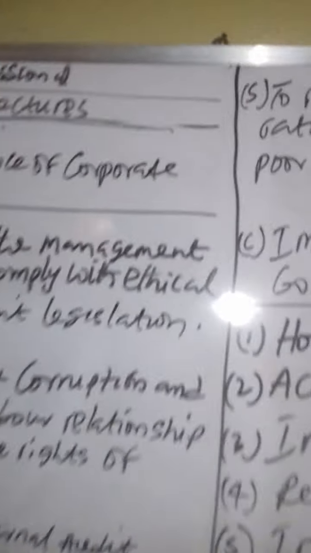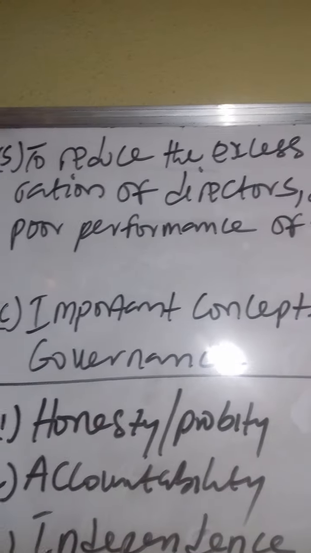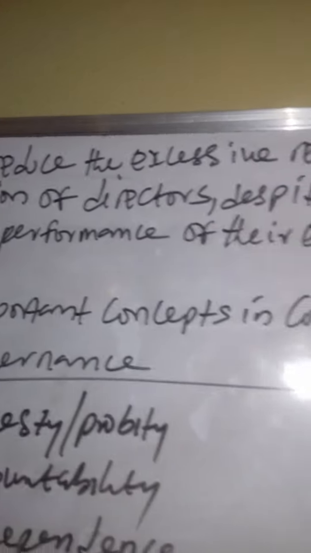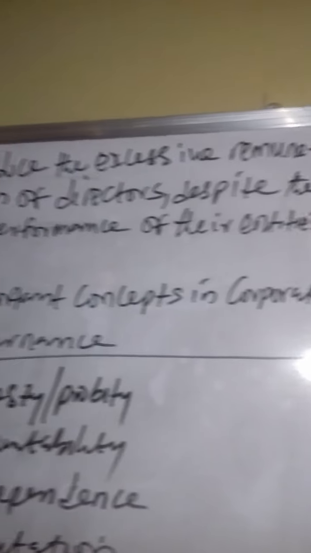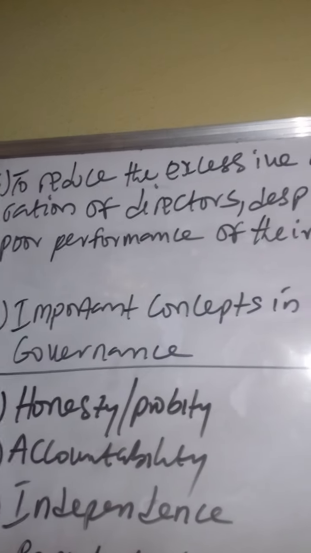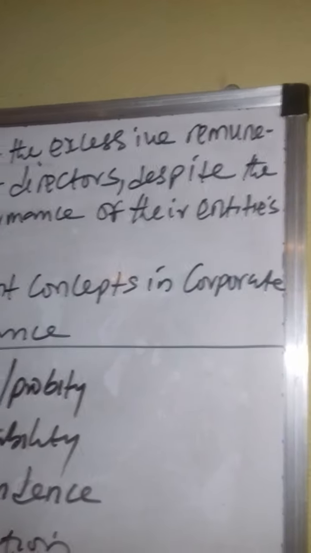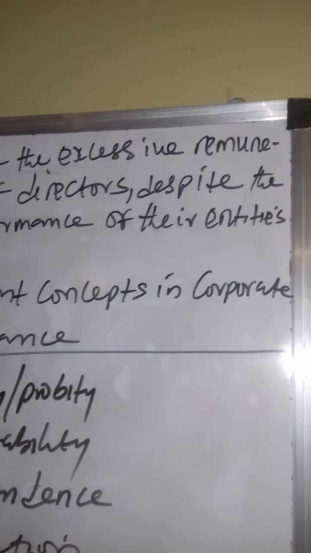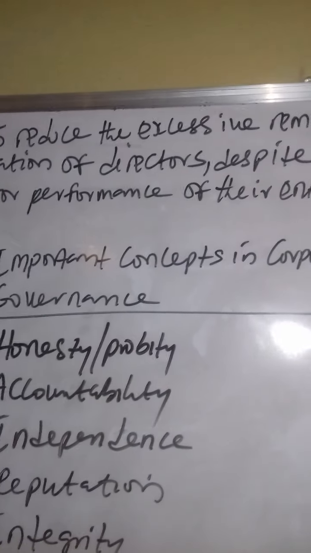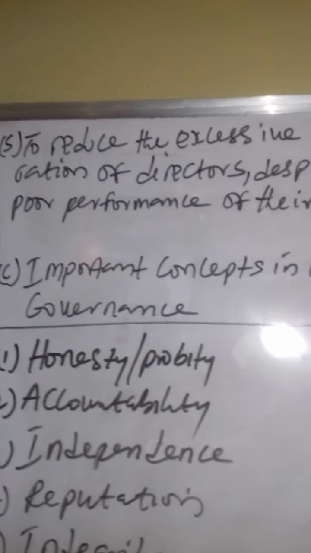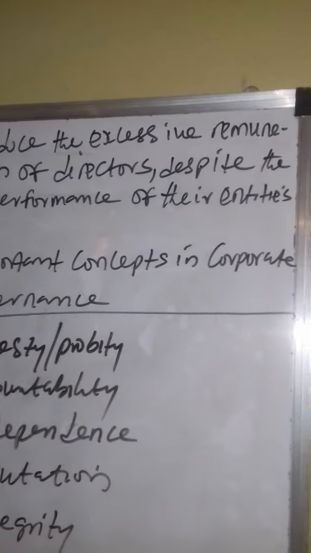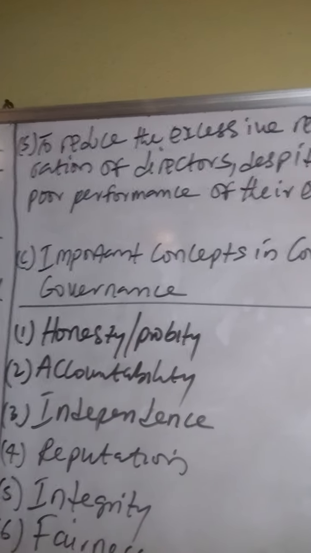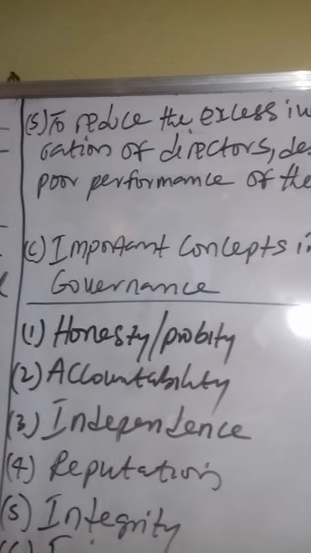Number 5, corporate governance reduces the excess remuneration of the directors despite the poor performance of their entity. And this I say without fear, that countries like Nigeria, I think the parliament should have reduced their salary since the economy is not performing.